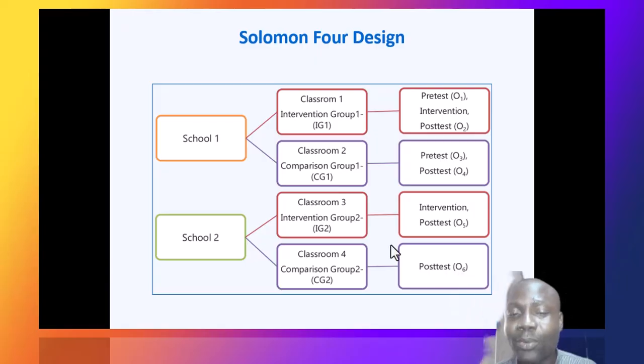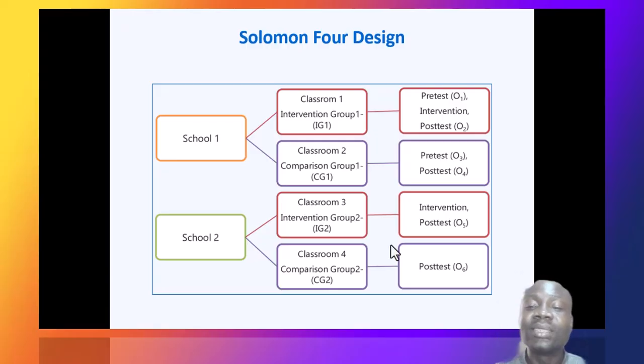So in this type of Solomon 4, which I'm explaining here, the researcher picks two schools. Maybe in the first school, there are two arms, GS1A and GS1B.